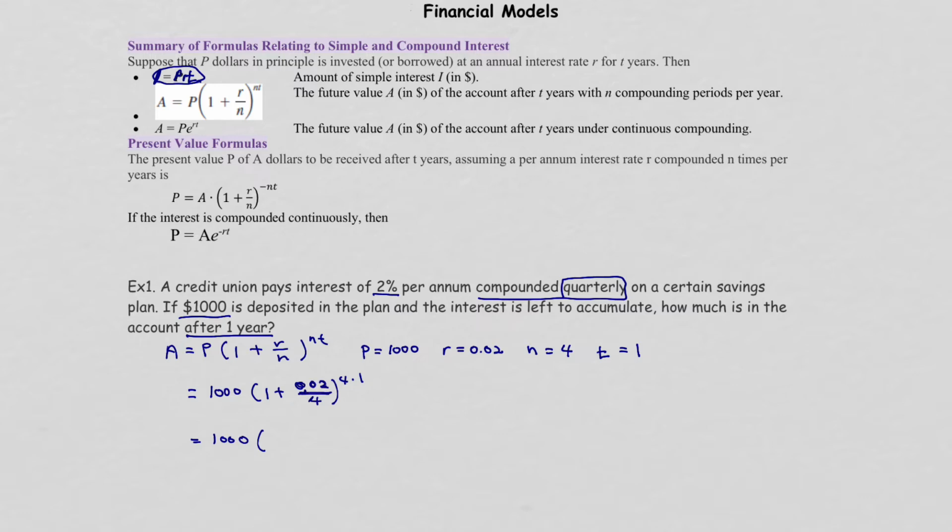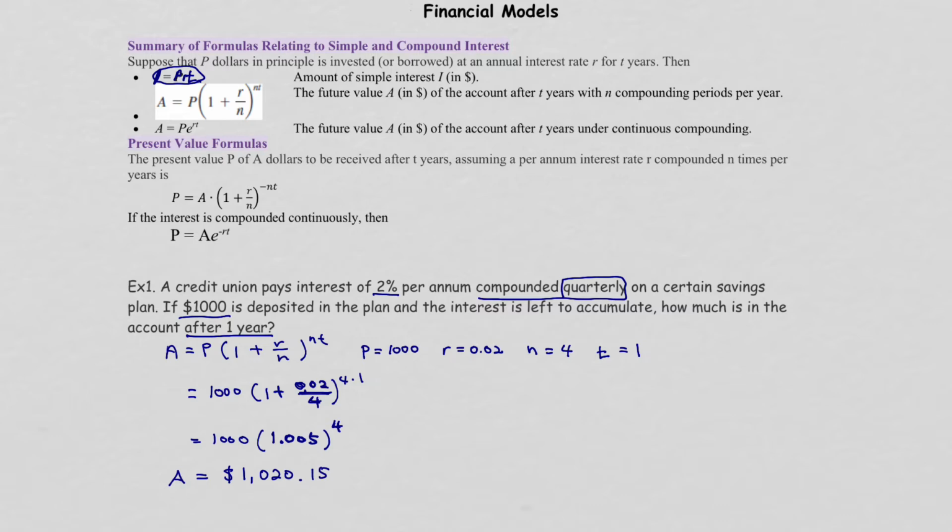0.02 divided by 4 is 0.005. And when you add 1, you get 1.005. 4 times 1 is 4. So when you do 1.005 to the 4th exponent, whatever that value is, multiplied by 1,000, you end up getting $1,020.15.